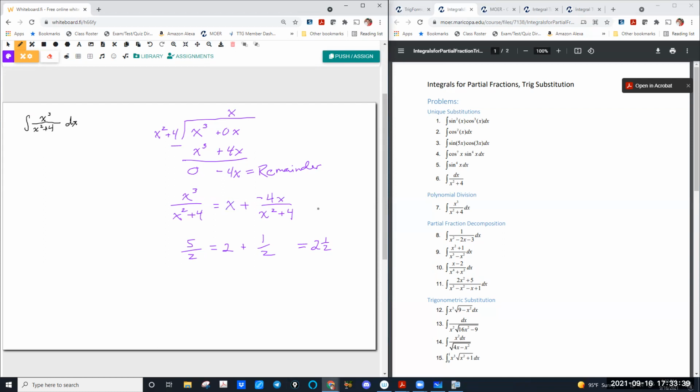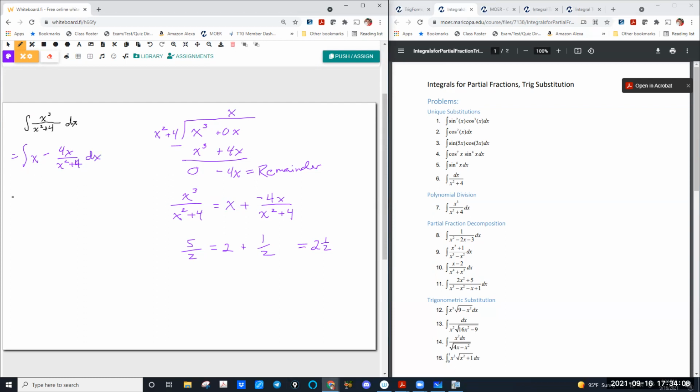It's really cool. So what this polynomial division does is now we go and we rewrite our integral as x, and if you want, we can pull the minus out and write it as 4x over x squared plus 4 dx.